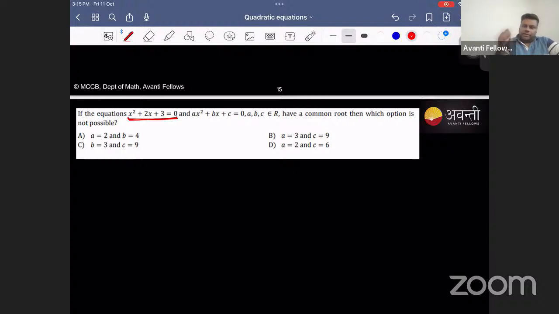See, how do we do it? They are saying these two equations have a common root. Do you realize something about the first equation, x square plus 2x plus 3 equals to 0?